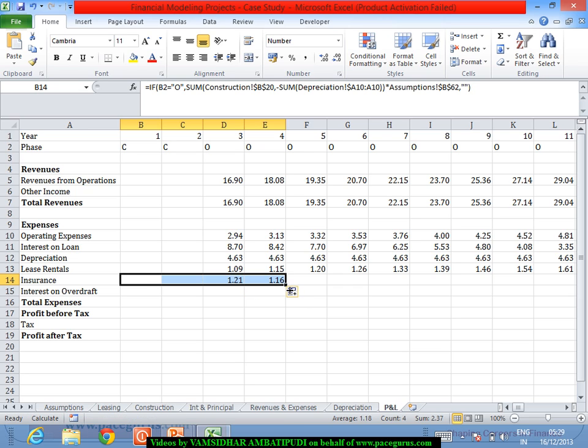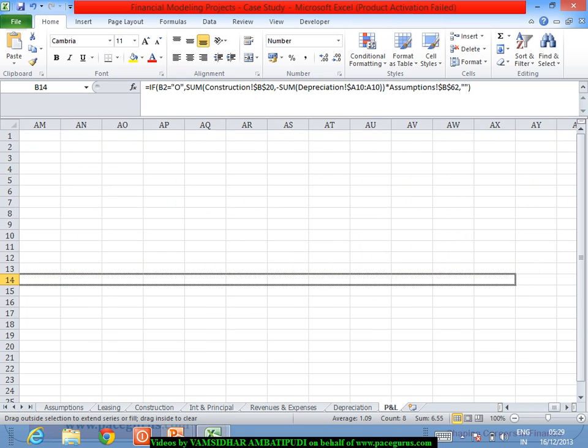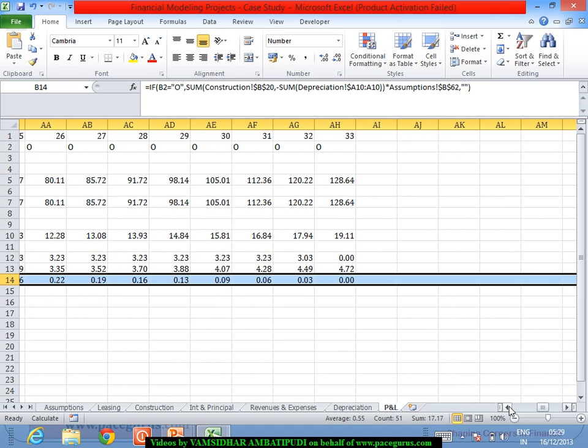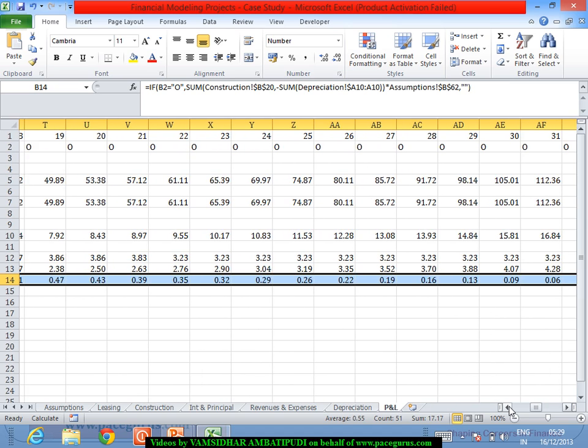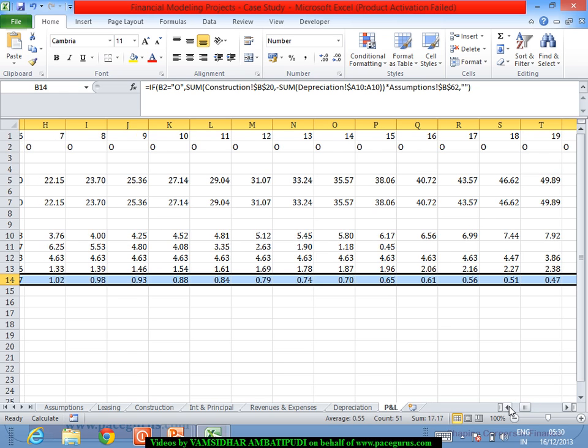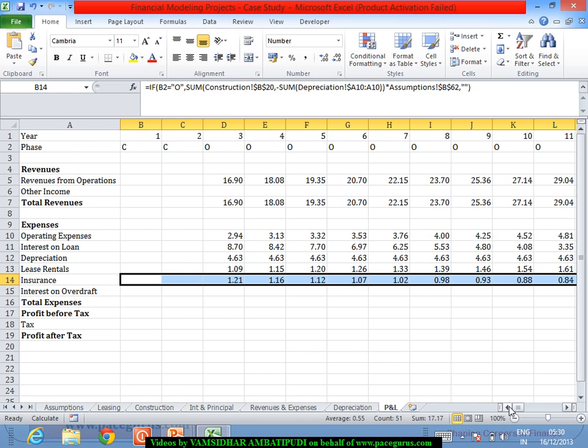As I am moving along, because some depreciation has already occurred, the insurance amount is also coming down during the period. So we have to give some thought to all these numbers. Towards the end, the asset is completely depreciated, so almost the value of the asset has gone down, which has resulted in my insurance costs also going down in that particular year.